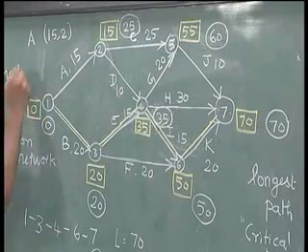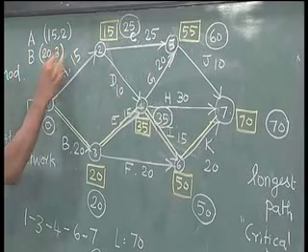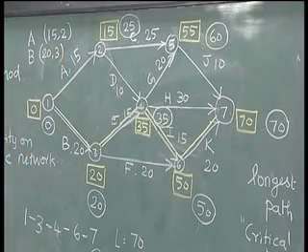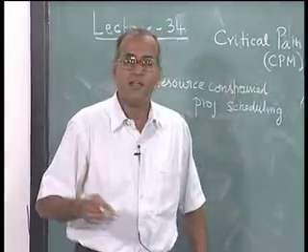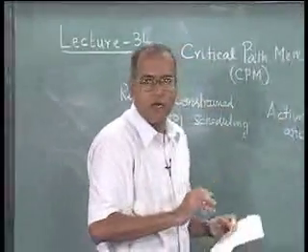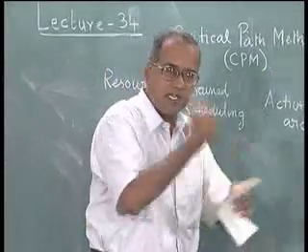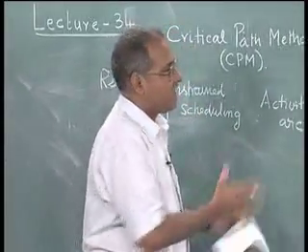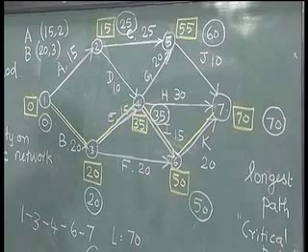For B, 20 and 3 would mean 3 people are required to carry out B. And then if we have a restriction that we have only 4 people available, then we cannot do A and B parallelly, because to do them parallelly we require 5 people. And because we cannot do them parallelly, the longest path in the network will increase, and the earliest time that we can complete a project will also increase.